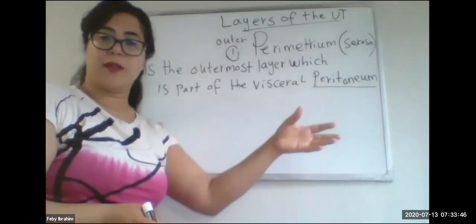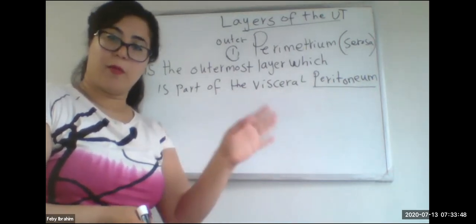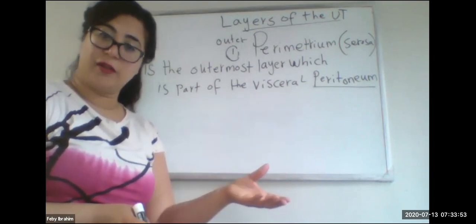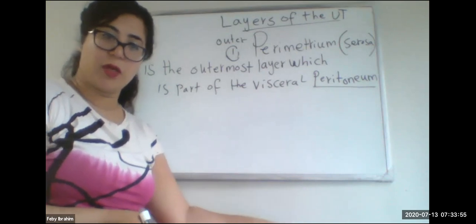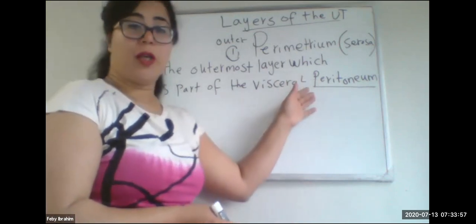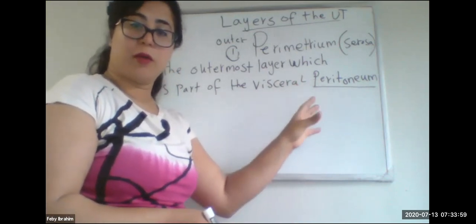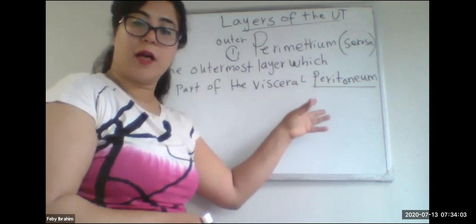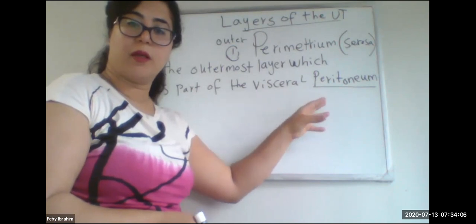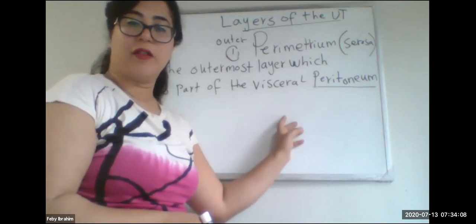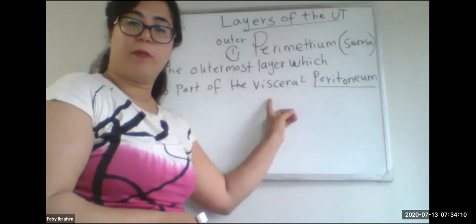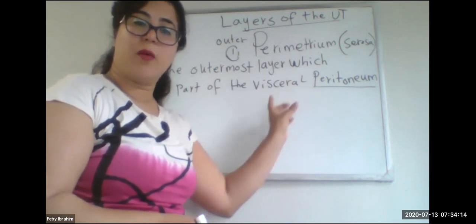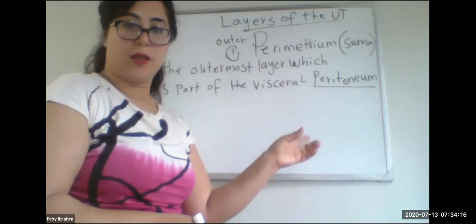Do you remember what is the peritoneum? Peritoneum is a membrane lining the inside of the abdominal cavity. I think you heard about this one in abdomen. And also we have visceral peritoneum, the membrane that surrounds the organs.